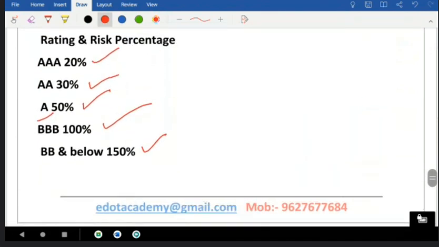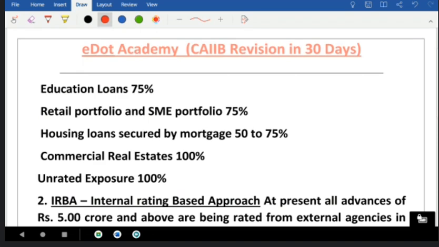So I'll repeat once again here. Triple A is having 20%, double A is 30%, A is 50%, triple B 100%, and double B and below is having 150%. And for those not having a rating, risk factor is given, like education loan 75%, retail portfolio, SME portfolio 75%, and housing loan secured by mortgage 75%, commercial 100%, unrated exposure 100%.